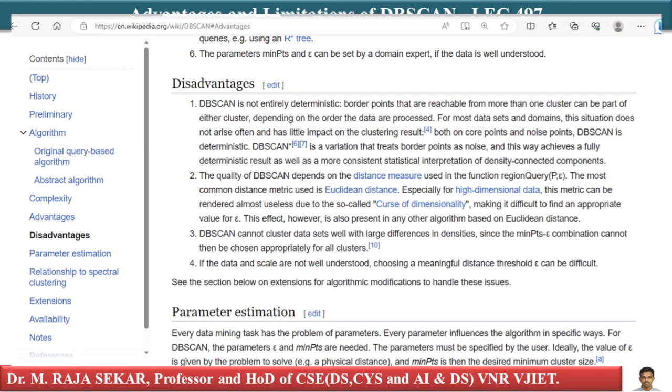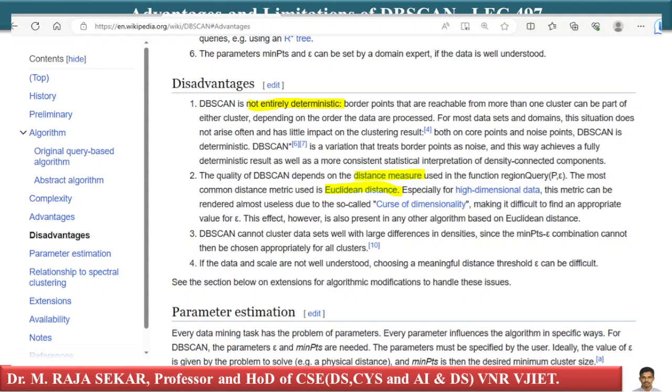It's not entirely deterministic, of course. Of course, this is like a boundary case, but the more important case is it depends on the distance measure, especially when you are using Euclidean distance, especially for high dimensional data.